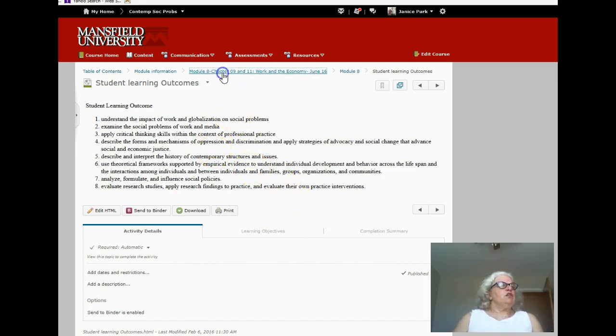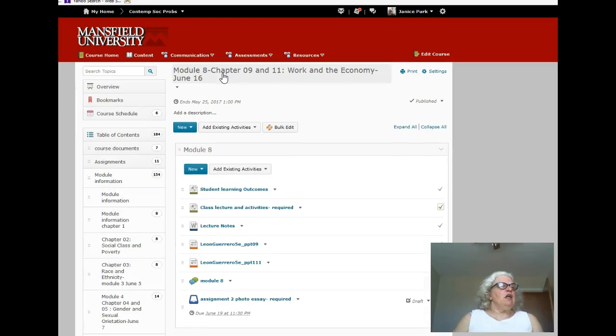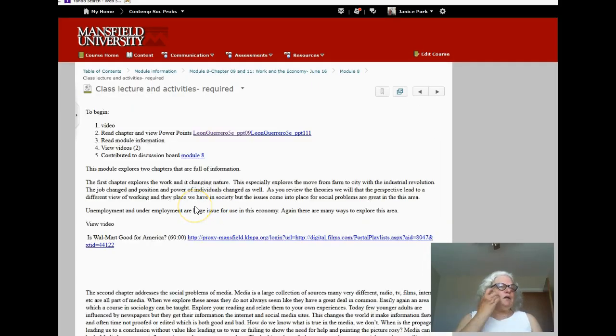As you noticed, I started dividing out the student learning outcomes so they're separate, but it won't hurt to look at those if you get a chance, to know what the goals are for your learning for this particular module.